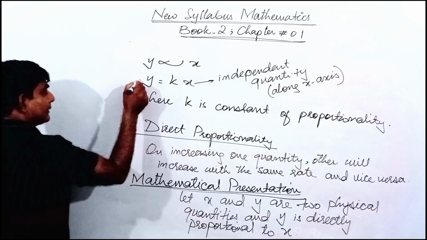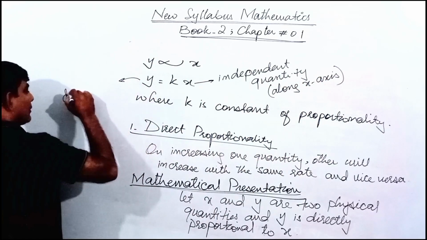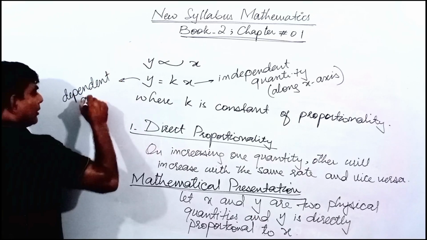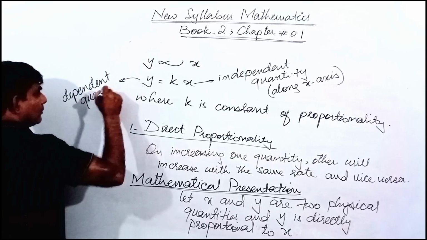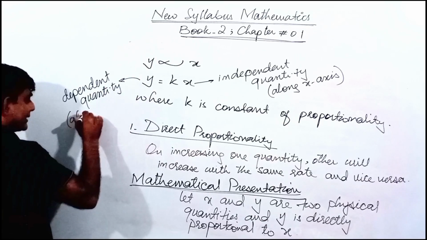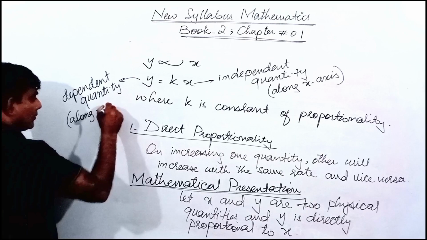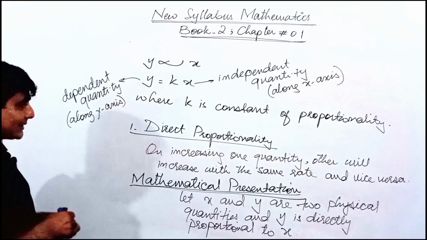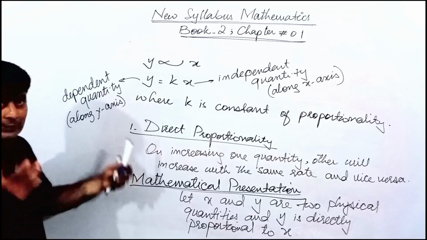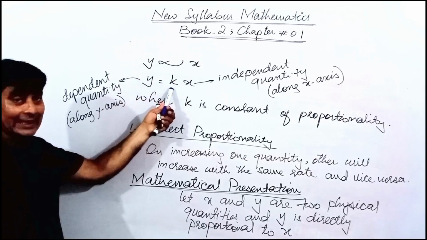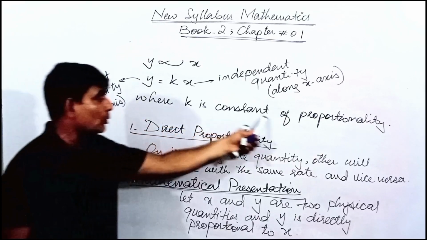This one is the dependent quantity. Always consider it along the y-axis. So mathematically we should write y is directly proportional to x, y is equal to kx, where k is the constant of proportionality.